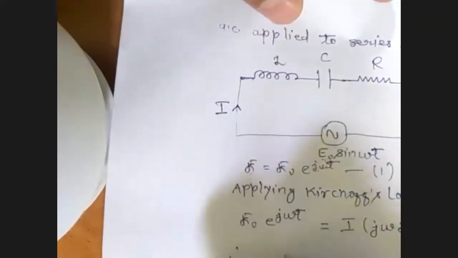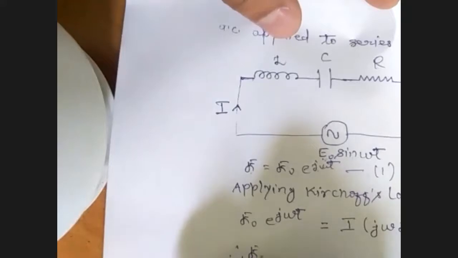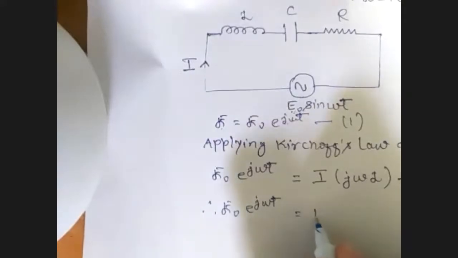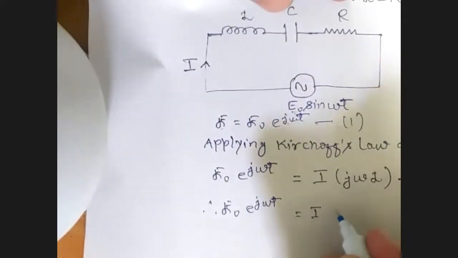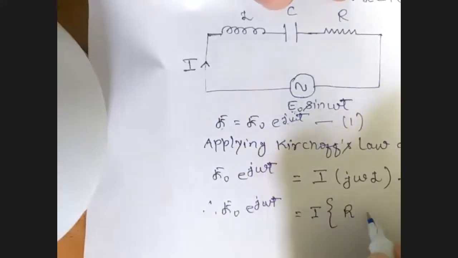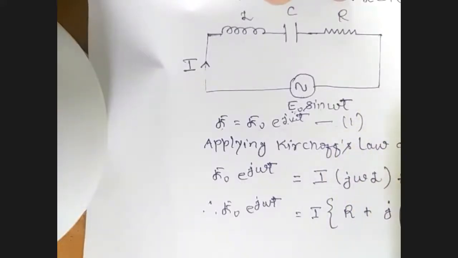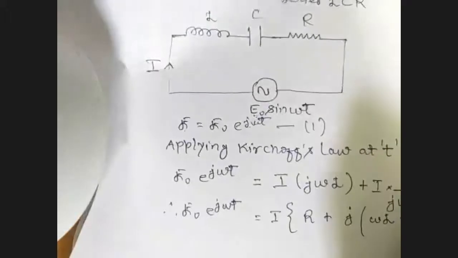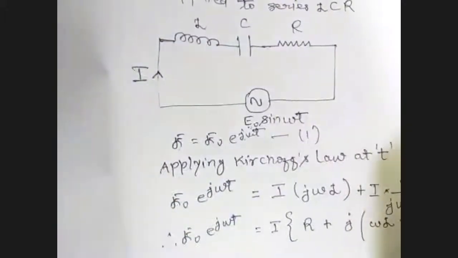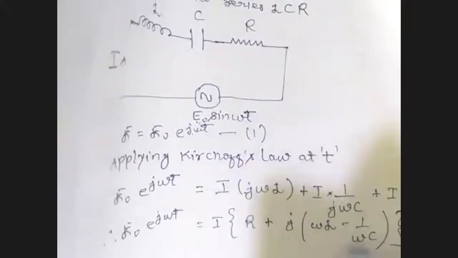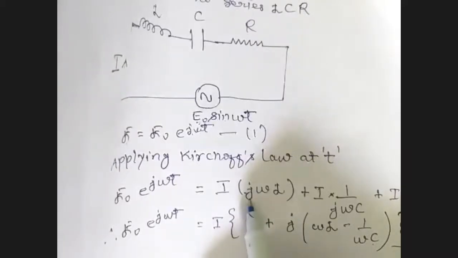So we can write E0 e to the power j omega t is equal to I times, in the bracket, R plus j, which is common, omega L minus 1 upon omega C. If you can understand how I have written these two terms like this: I have taken j common, I is already common.